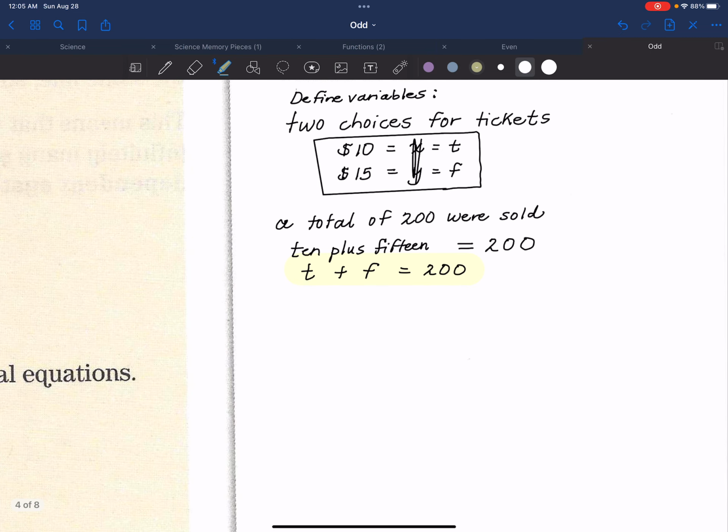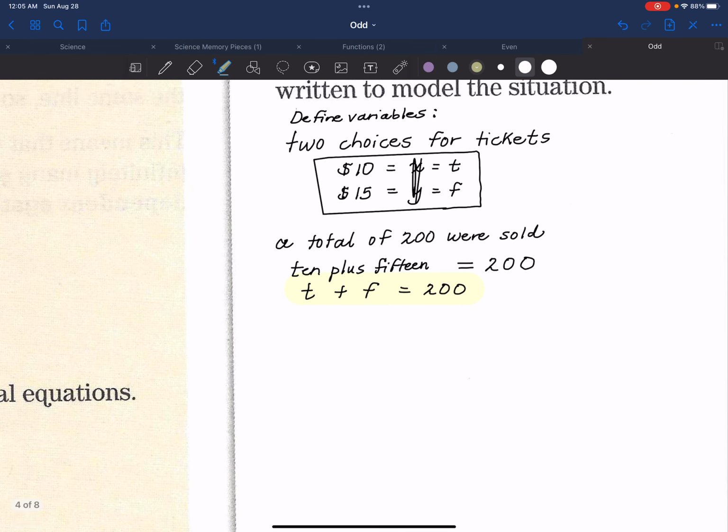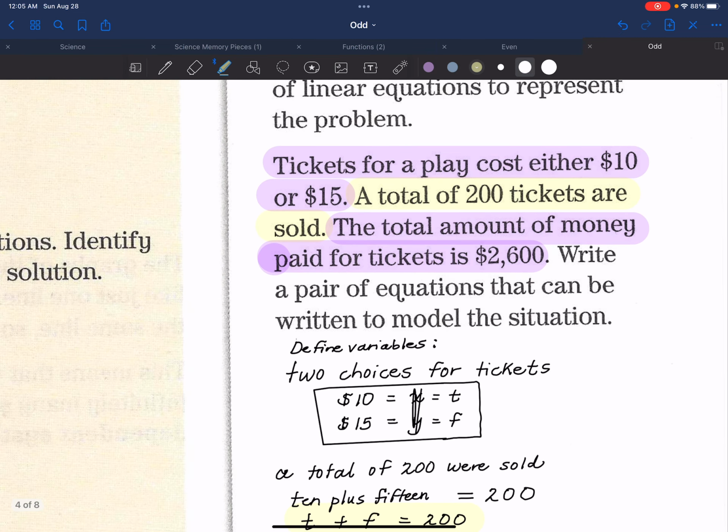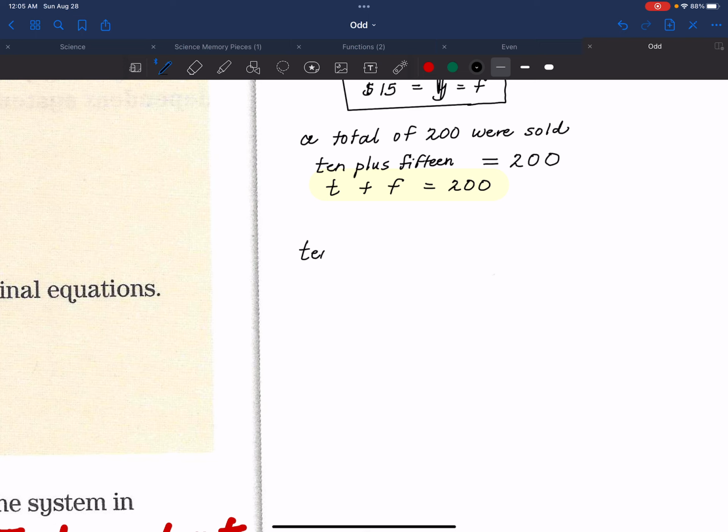All right, here is the second one. This one relates to money. So we know that the same variables are going to hold, that the $10 tickets plus the $15 tickets equal $2,600.